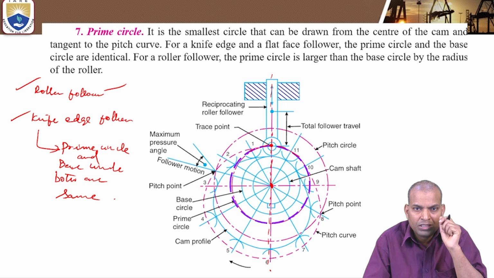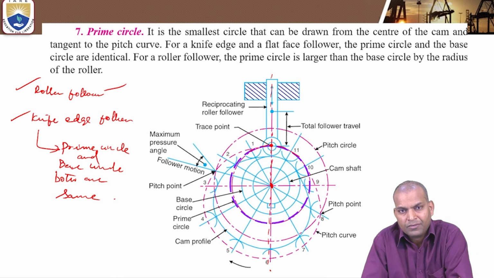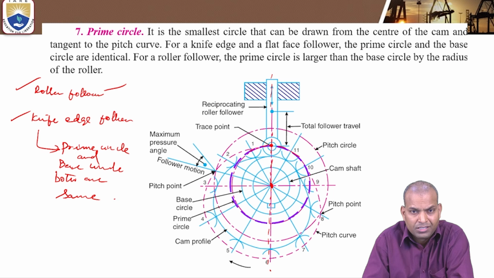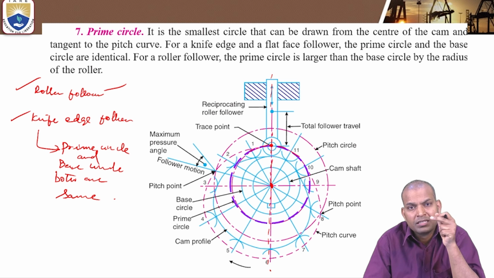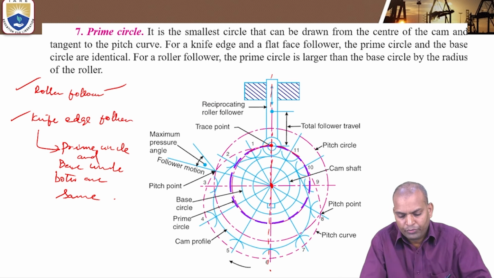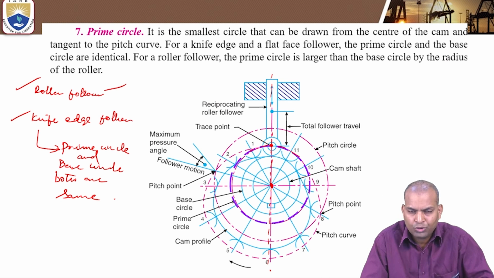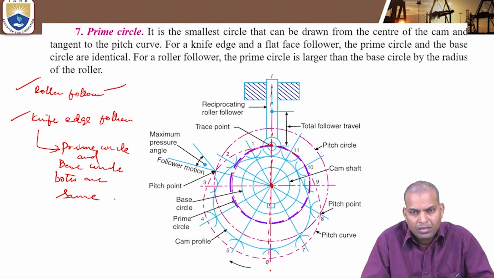But here, in the case of offset circles, we follow the tangential lines touching the circumference of the offset circle through the divided marks or tracing marks of the prime circle. So while solving those problems, you can understand better the importance of prime circle, especially for roller followers.